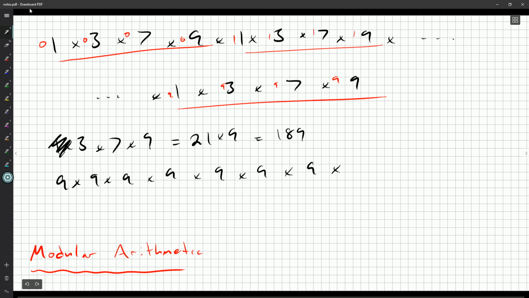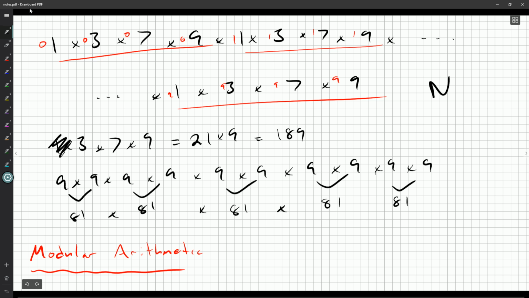2, 4, 6, 8, 10. So there's 10 nines. The units digit of this will be the same as the units digit of their capital N that they were asking about. Now these two nines make an 81, an 81, an 81, an 81. So if I multiply the pairs of nines, what I'm really doing is multiplying 81 5 times.